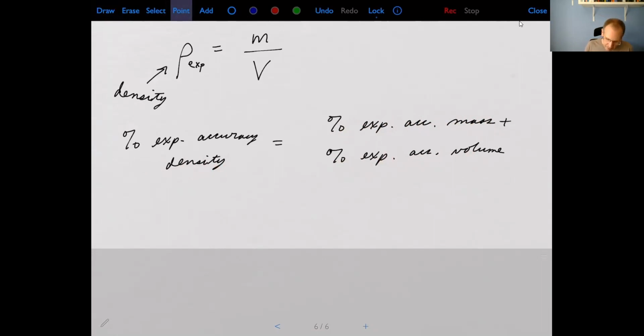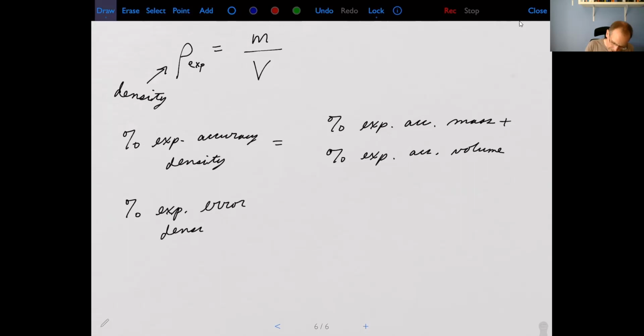And then finally, the last part of that table, that last part of question 11, and again, if you're in physics 206, the question will be written out separately for you, is to compute the percent experimental error for the density. And remember, that's when you compare your experimental value that you just got, that's right here, to the gold standard or the accepted value, which we're going to say is 2.70 in this lab.